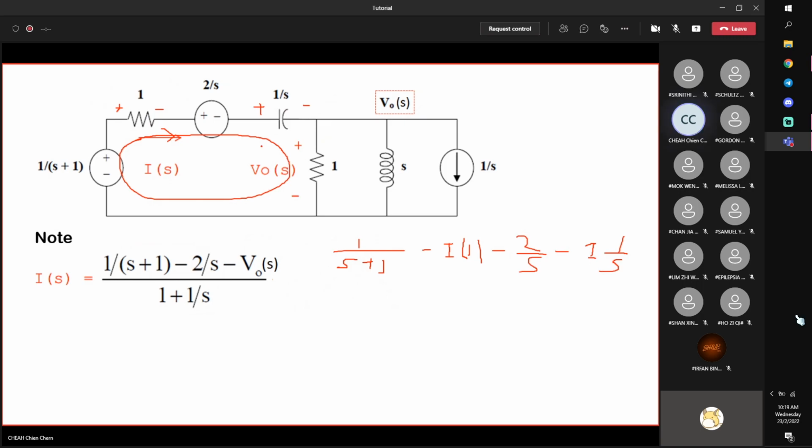Then here, V0 is your node voltage, so remain it because you want everything expressed in terms of the node voltage. When you come to here, there's a drop, so you put minus V0. Then you go back to 0. Now group all the IS together, and bring the remaining terms to the other side of the equation, and you get this one.